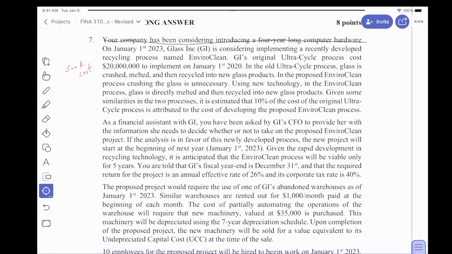This would be like an allocated cost, but whether or not we take on the EnviroClean process will not change the fact that this amount was spent, 10% of the cost, as part of the development of the proposed EnviroClean process. So that's also going to be seen as sunk cost.